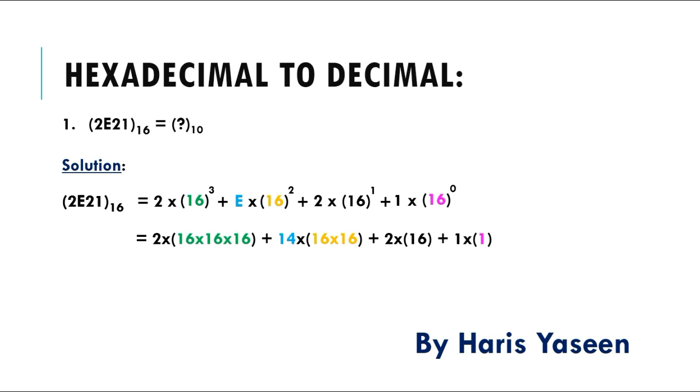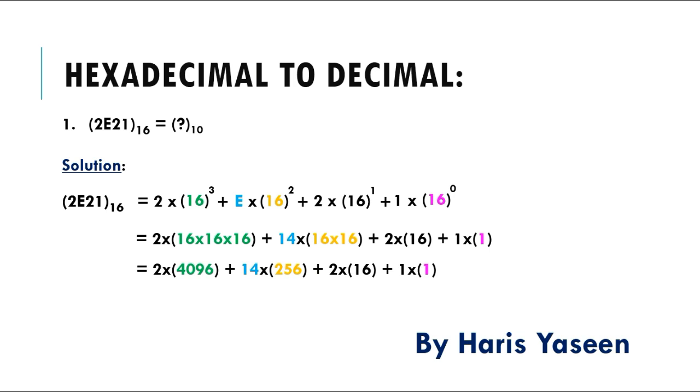Now 2 multiplied by 16, because 16 has a 1 power, and the last 16 has 0 power. Anything which has the power naught, the result is 1.